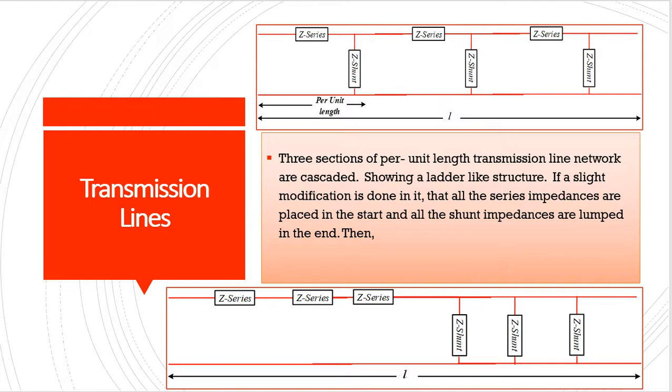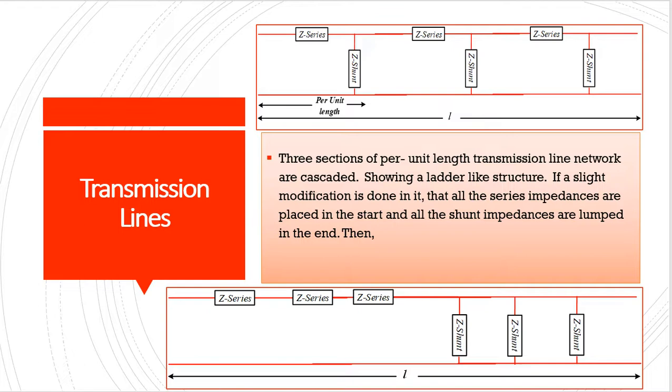So basically this is a ladder type structure which is placed horizontally, and here is the per unit length from the start to the first Z shunt. This is known as the per unit length, while the overall length of this transmission line is represented by L, right? Here in this case I have cascaded three sections of per unit length transmission line, and they formed a ladder like structure.